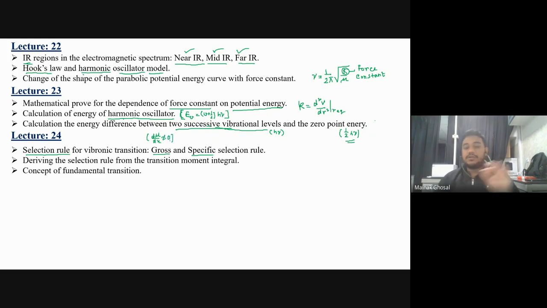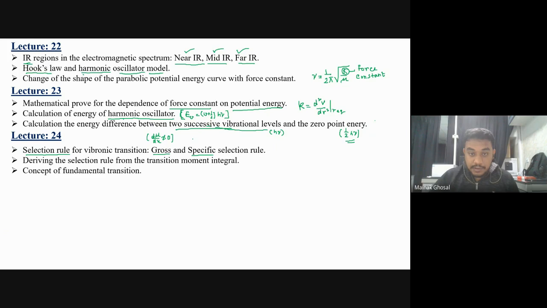Think of the previous rotational case, where the molecule needed a permanent dipole moment. Here, no such condition is there. The new condition for this IR transition is that the dipole moment must change during vibration. That means when you are vibrating a bond, your dipole moment needs to change.